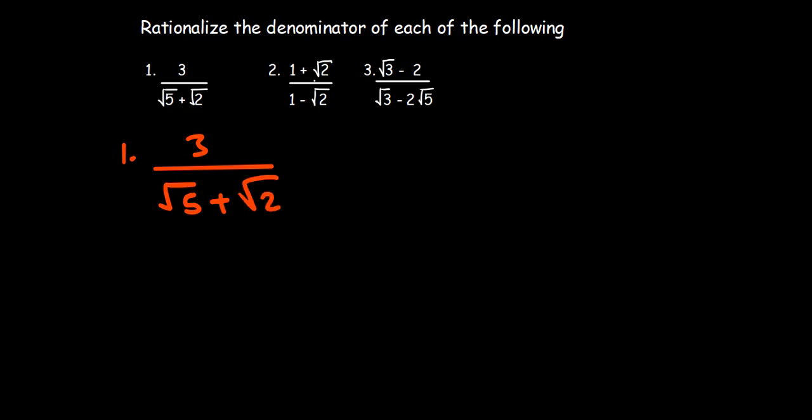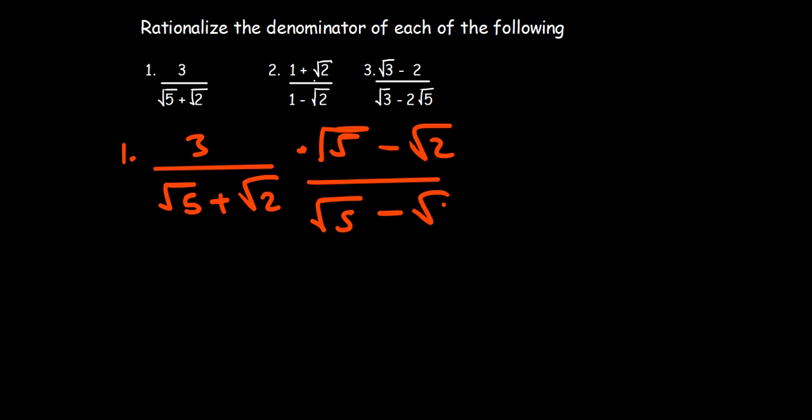Here we multiply the denominator and the numerator by the conjugate of the denominator, which is root of 5 minus square root of 2.